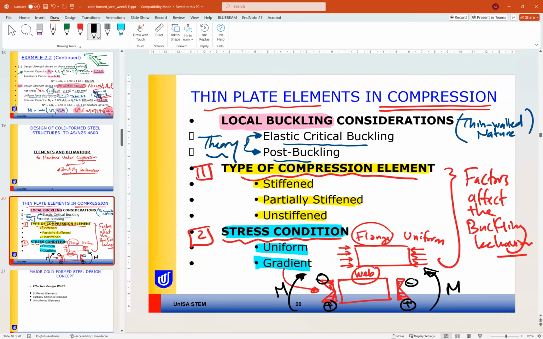So we should consider these cases when we are investigating the behavior of the plates.